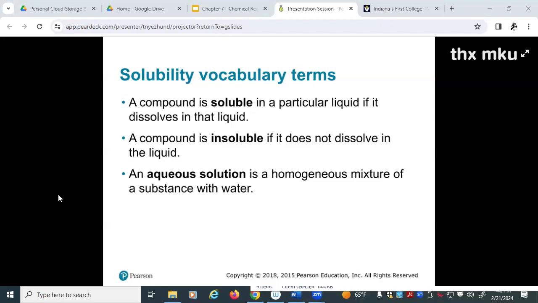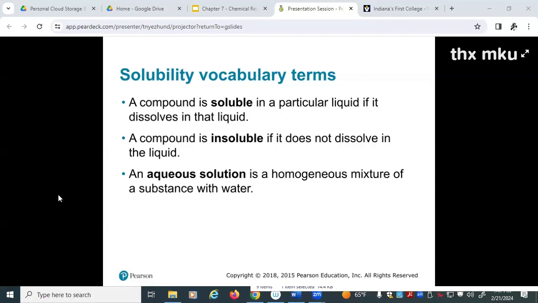So when we talk about solubility, we're talking about the ability of one substance to dissolve in another. And so the term soluble just literally means it can dissolve. So for the most part, we're going to talk about things called aqueous solutions.